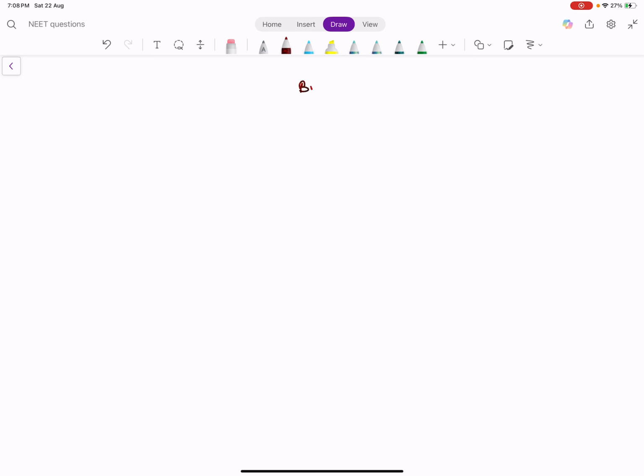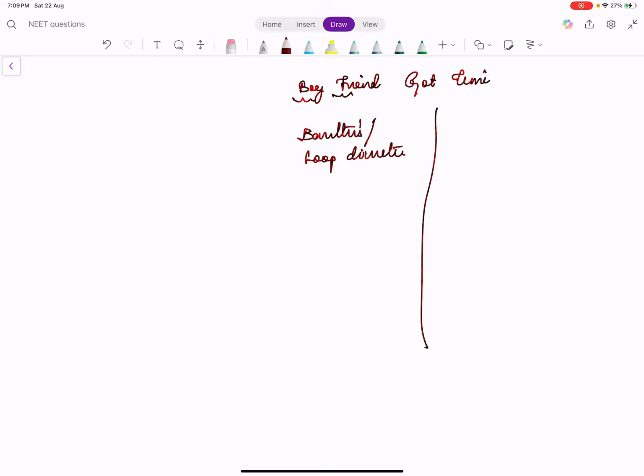I use the mnemonic boyfriend got time. Bartter syndrome is similar to furosemide. So the features of Bartter syndrome or loop diuretic, that is furosemide, both are same. The features of Gitelman syndrome and thiazide diuretic, both are same.